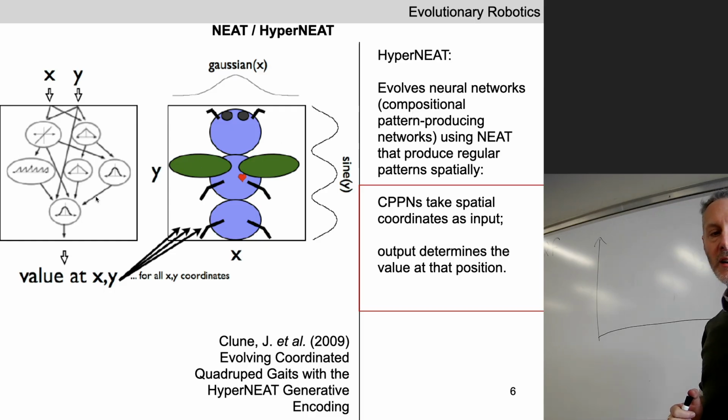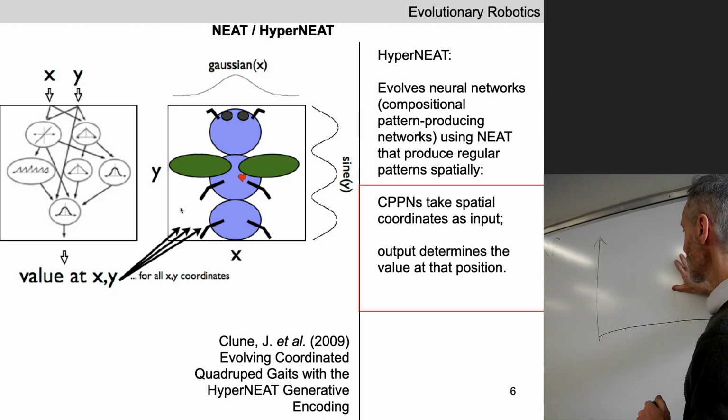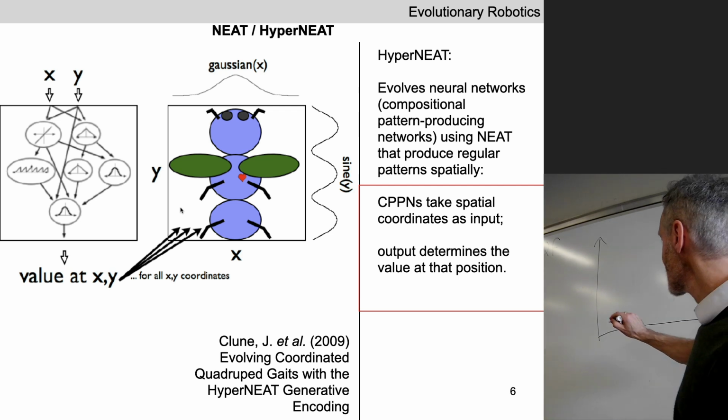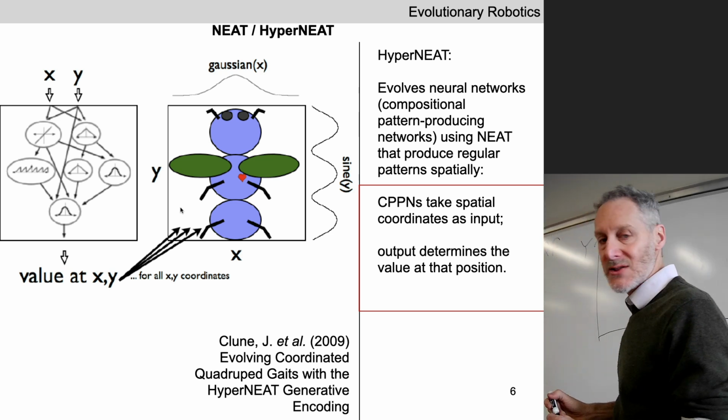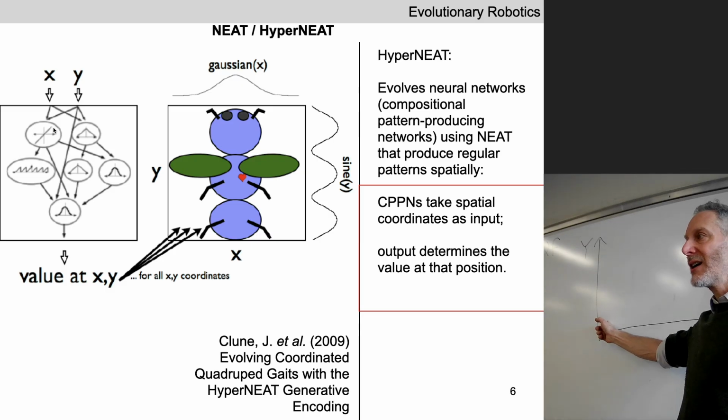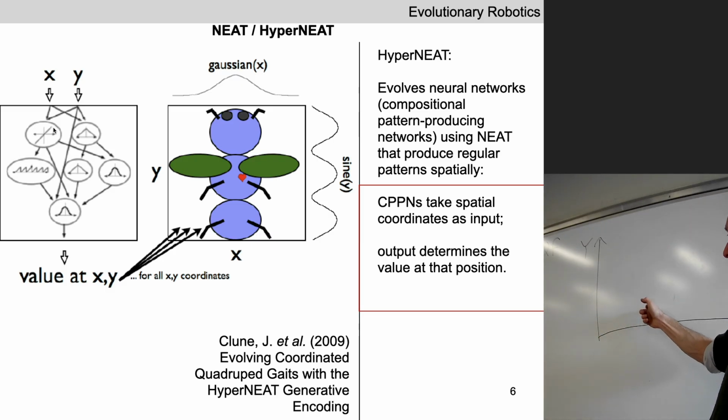Let's imagine we're going to task this CPPN with painting colors onto a 2D canvas. So 2D, we've got an x-axis and a y-axis. Let's assume we have this particular CPPN over here, this particular network. What we're going to do is in our canvas, we're going to visit a regular number of points in this space.